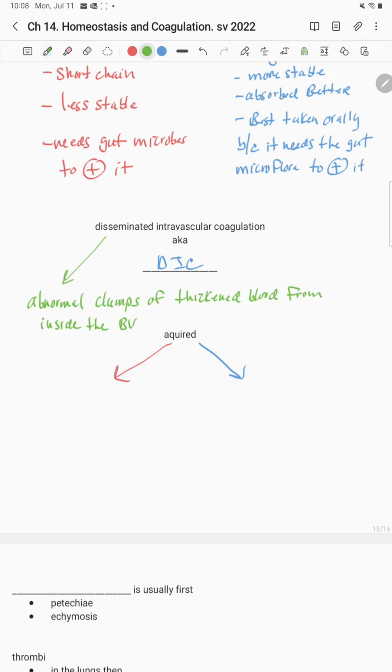If acquired, you're going to get clotting and thrombus.